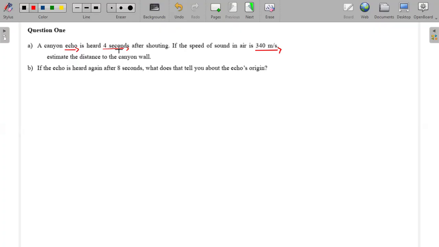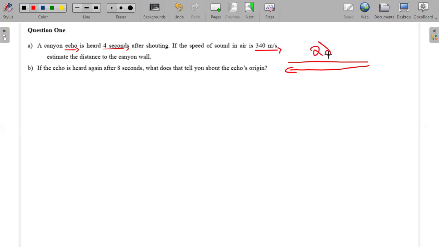Since we're describing an echo, the distance that the sound waves travel is the distance from the person who is shouting to the canyon wall, but also from the canyon wall, after bouncing back, to where the listener is, which means the distance we've been given is being traveled 2 times.